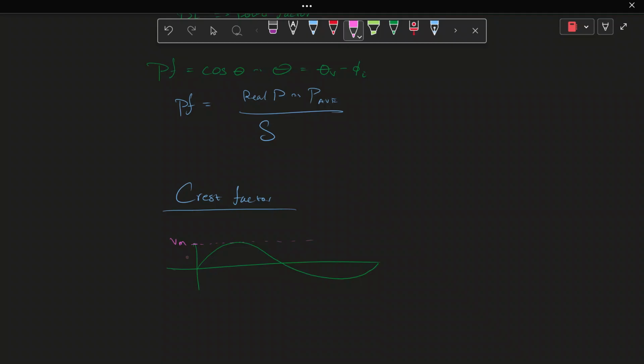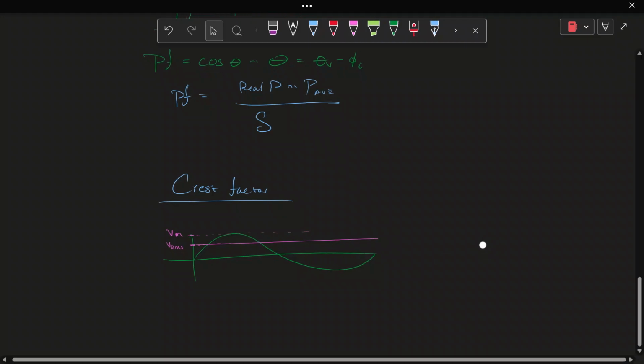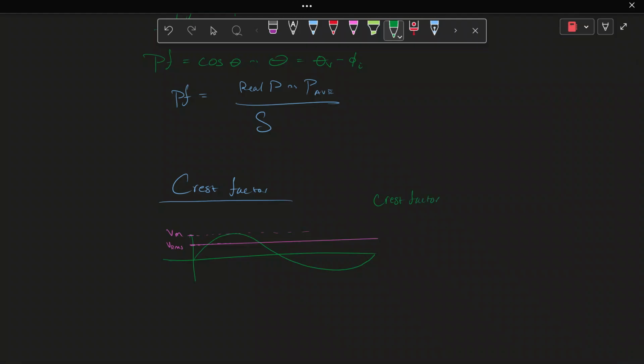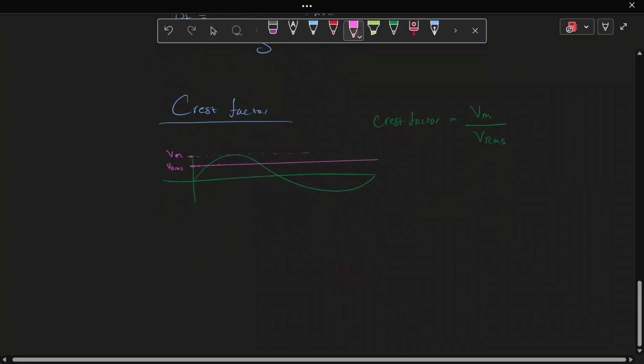It hits that, it keeps going. And then we have our RMS. I guess I can draw a straight line through. Close enough. So the crest factor, whatever type of waveform you have, is going to be equal to the Vm, or your peak, divided by the RMS value.